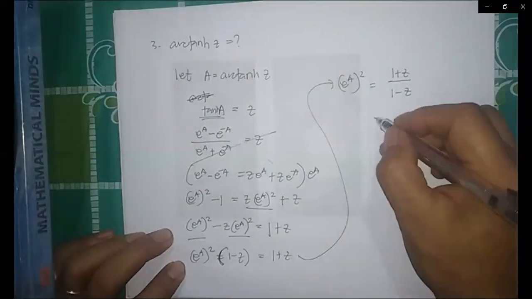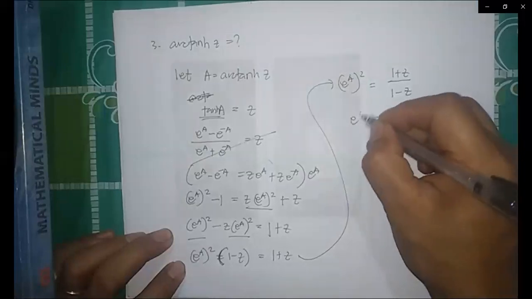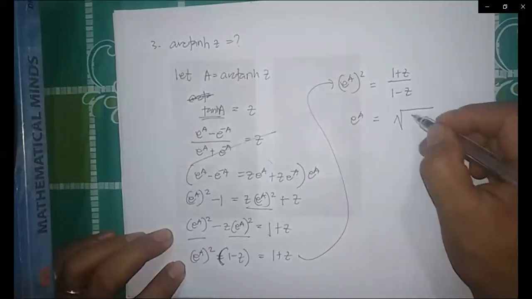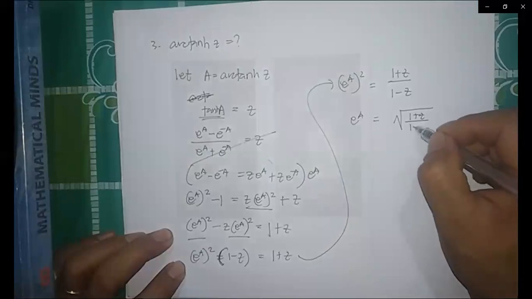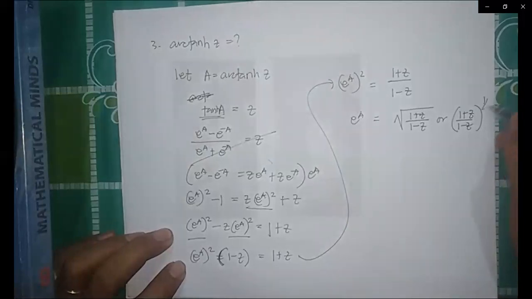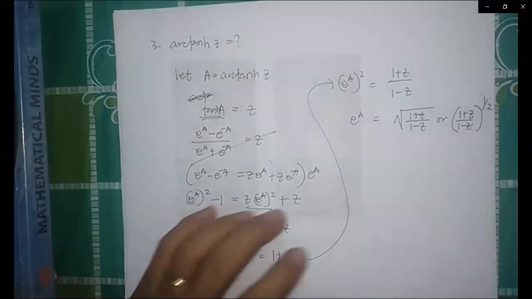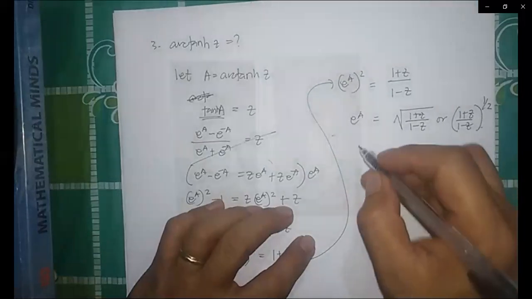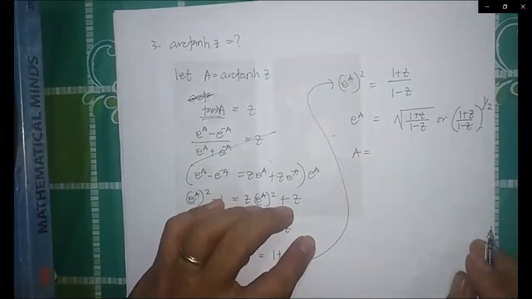Now if you are going to take the square root of both sides of the equation, this will leave you the square root of 1 plus z all over 1 minus z. Or you can transform that to exponent form, that is raised to 1/2. Next, we will take the logarithm of both sides of the equation.